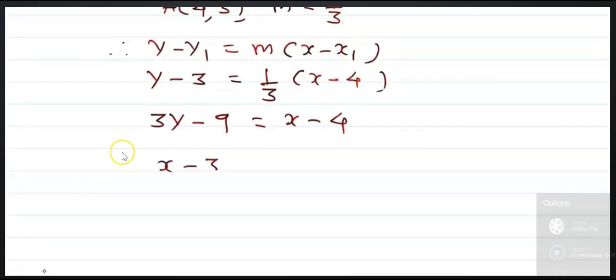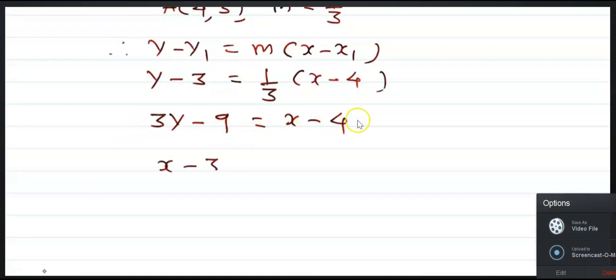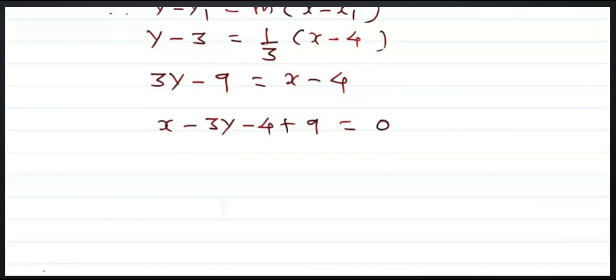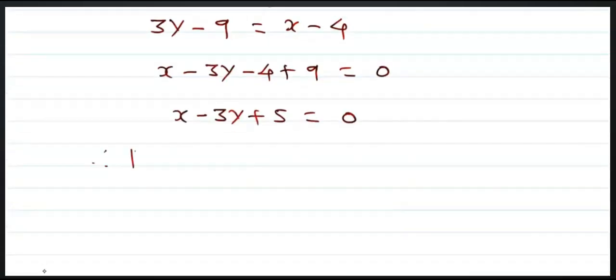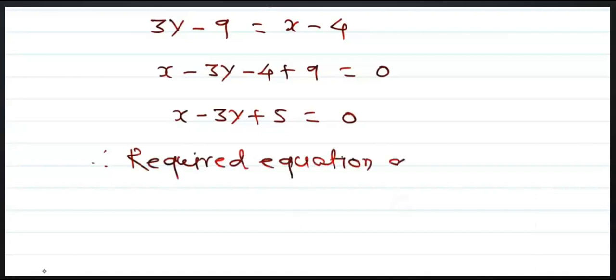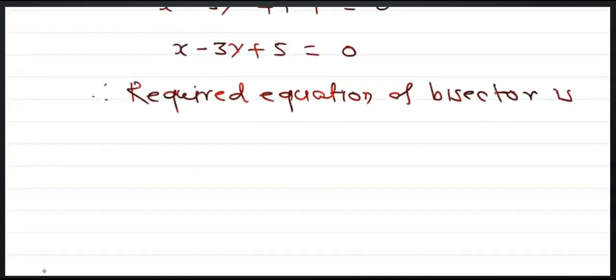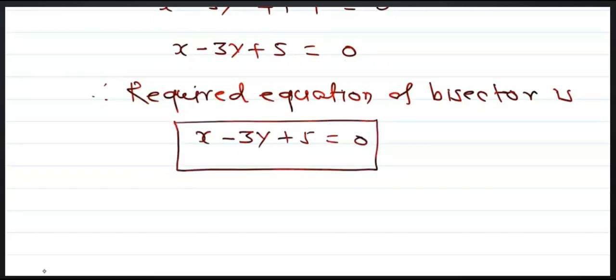And if we simplify, 3y minus 9 is equal to x minus 4. Therefore, x minus 3y minus 4 plus 9 is equal to 0. X minus 3y plus 5 is equal to 0. Therefore, the required equation of the bisector is x minus 3y plus 5 is equal to 0. See this again.